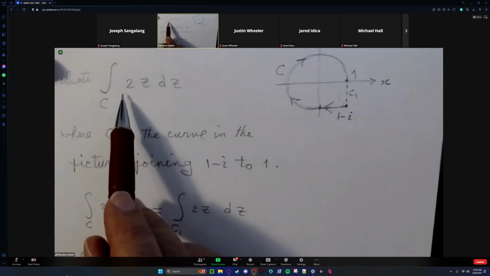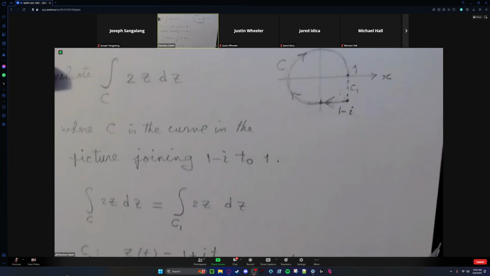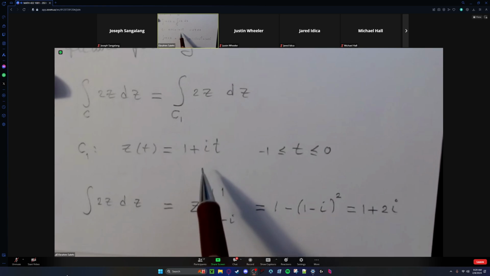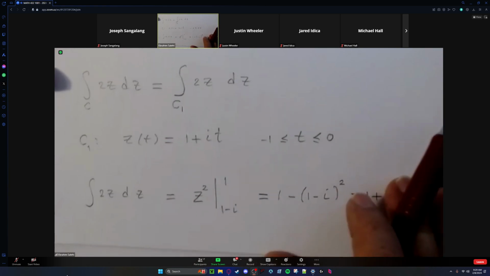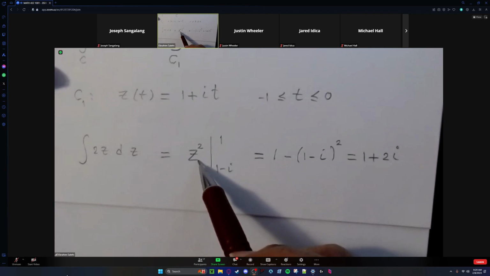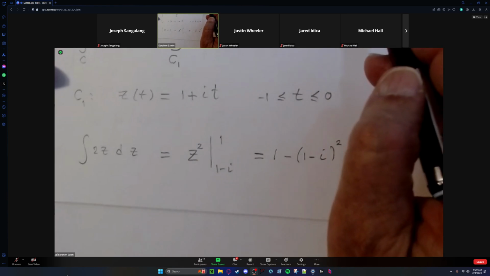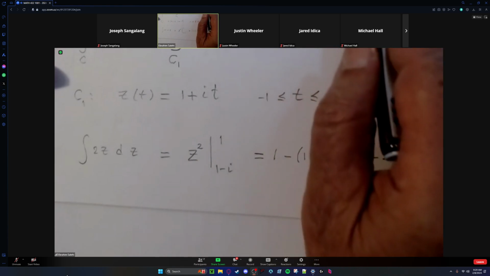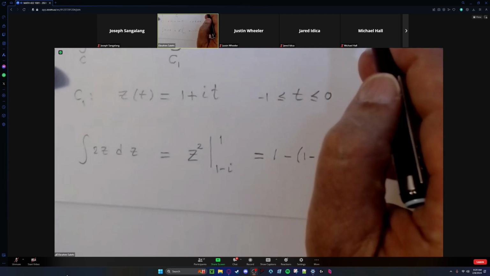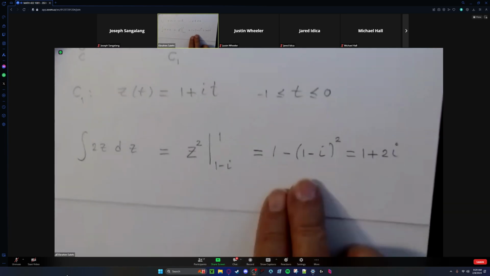But since we have an antiderivative here, which is z squared, the integral is just z squared evaluated at the endpoints. We want to go from here to there. So this is from 1 minus i to 1. But this is the answer.